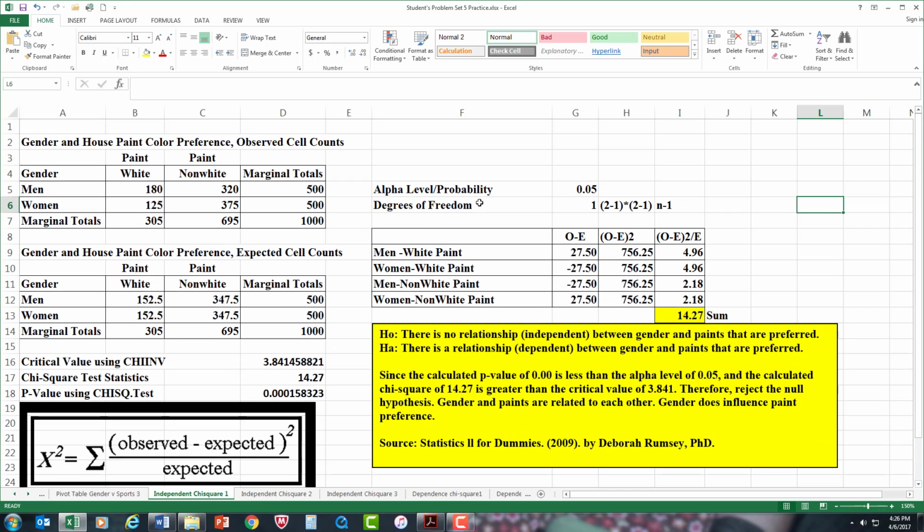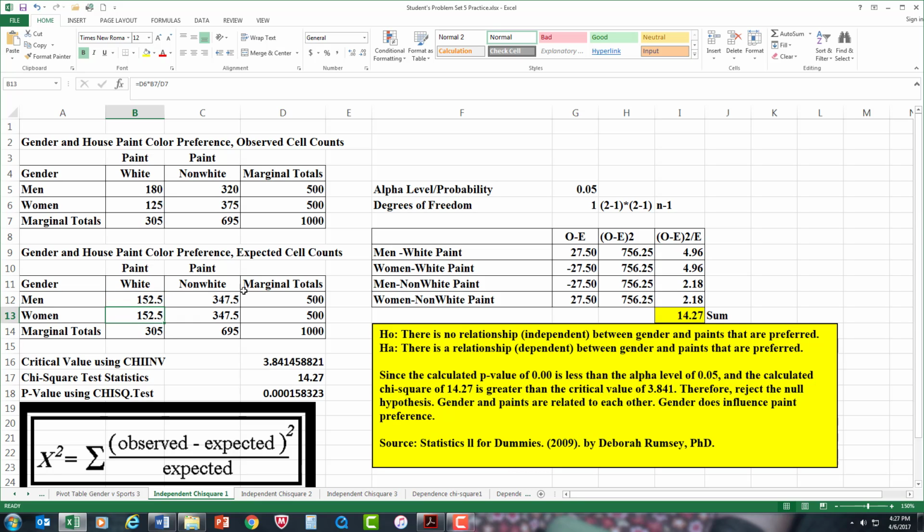Alright, again, to get the expected numbers, all you're doing is taking your marginal totals in the observed category, so this one is D5 times B7. So you're multiplying your two marginal totals, and you're going to divide it by the overall total. And I did that for each one.